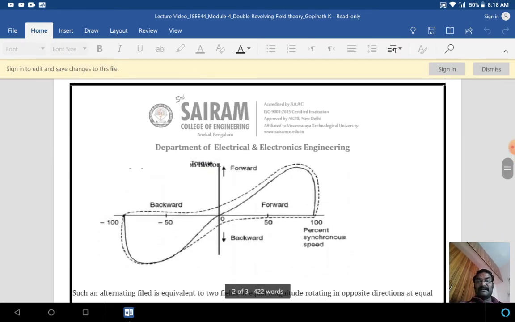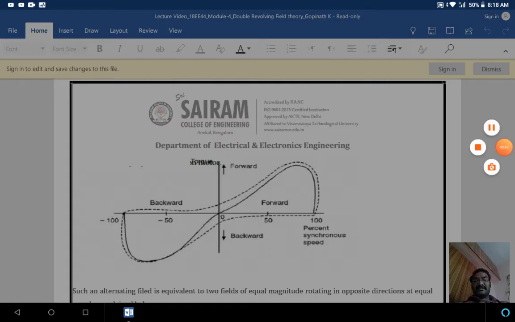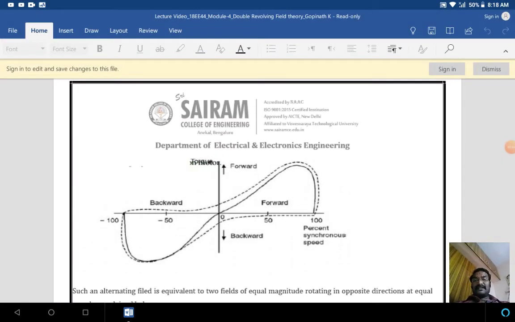In this diagram we see that the torques are equal but opposite in direction. Because of this, these motors are not self-starting. The opposite forces are equal, so the motor will not start.